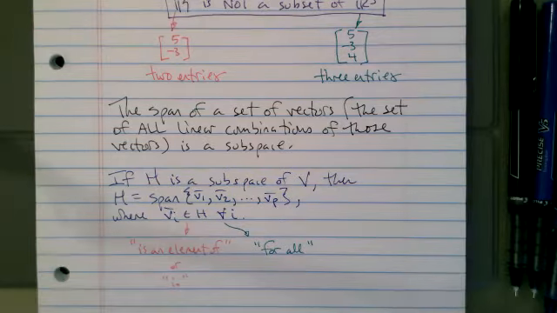The span of that set of vectors is how we describe the subspace. So when we want to describe the subspace, we need what we're going to call a spanning set.